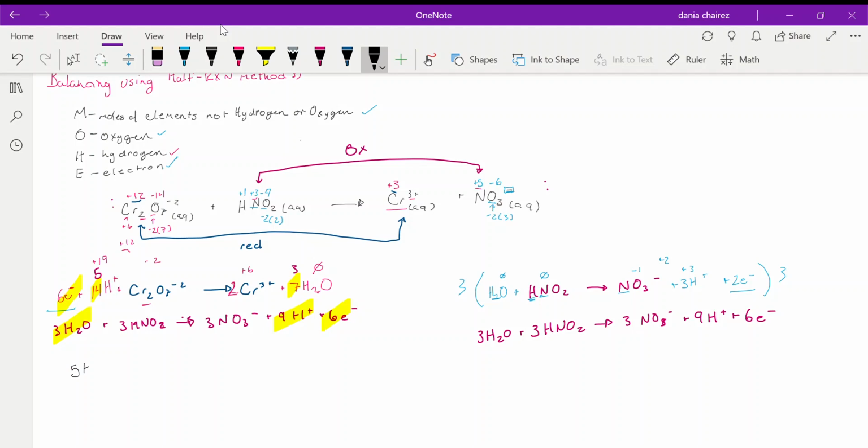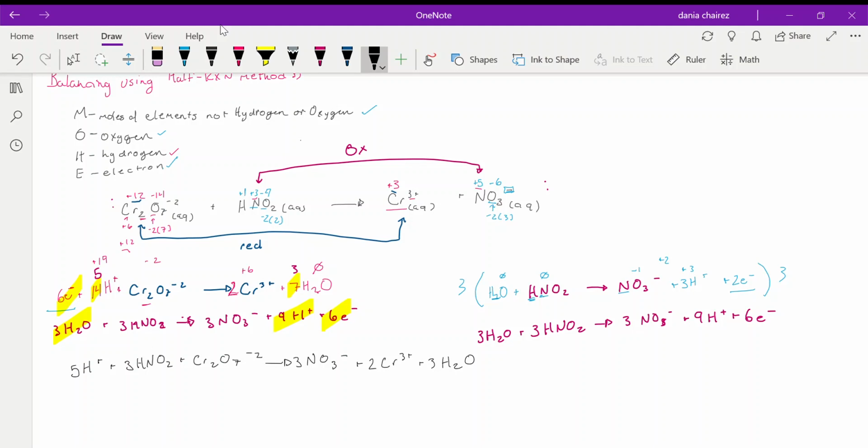So we have 5 H+ plus 3 HNO2 plus Cr2O7 2-, yields 3 NO3- plus 2 Cr3+ plus 3 H2O, and then we check our work by doing our charges overall.